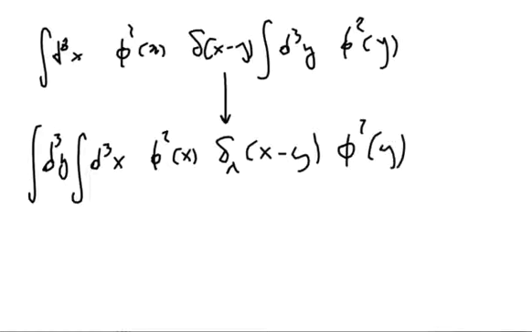Now, graphically, this means that this is no longer a local interaction. It is a bit like having two vertices and some short distance but finite distance, lambda to the minus 1, range interaction, which is typically Gaussian.